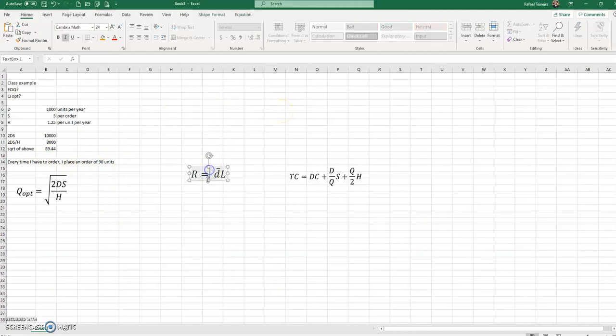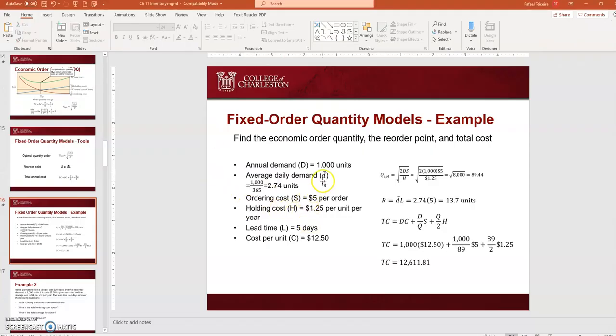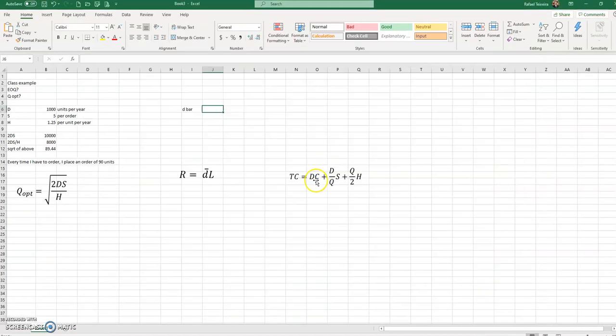Okay, so I solved for that. Now I have to solve for when I have to place an order, which is given by this formula. Let's call it d bar. D bar is the average daily demand. So I have to take the annual demand and divide it by the number of days we have per year. D bar is going to be equal to 1000 divided by 365. Let's use 365 days as a standard if it is not given in the problem. Sometimes the problem says 200 days, 250 days, and so on.